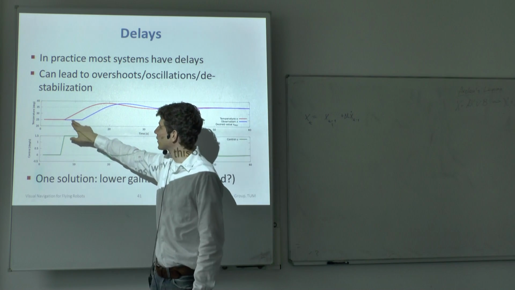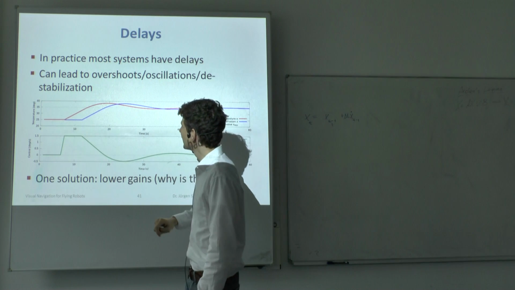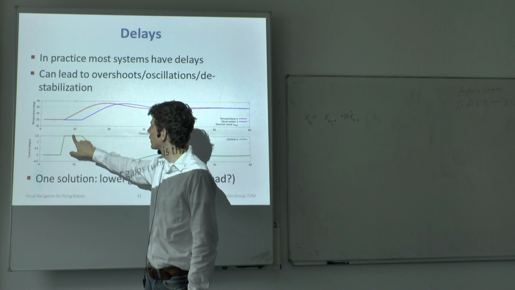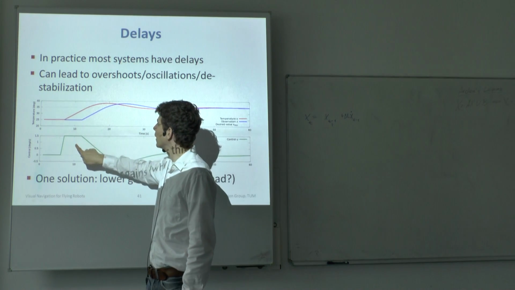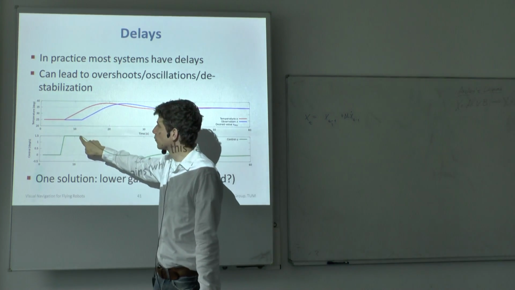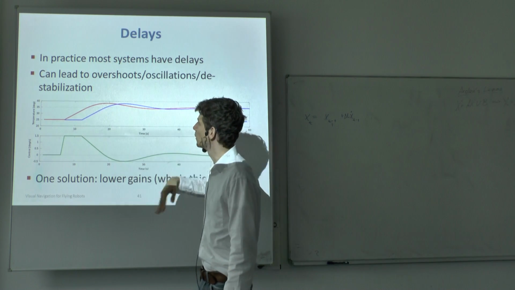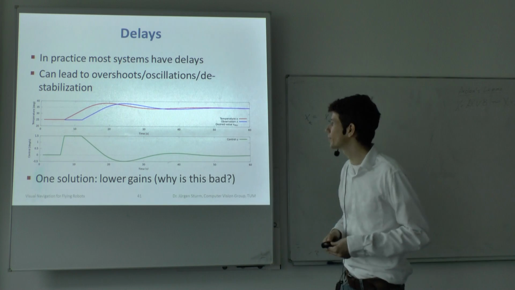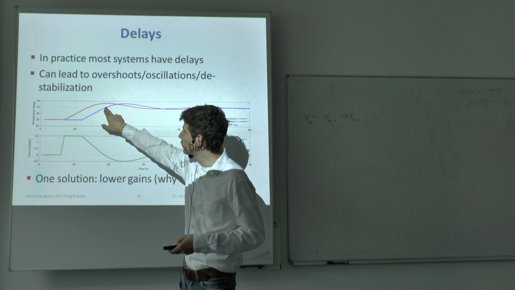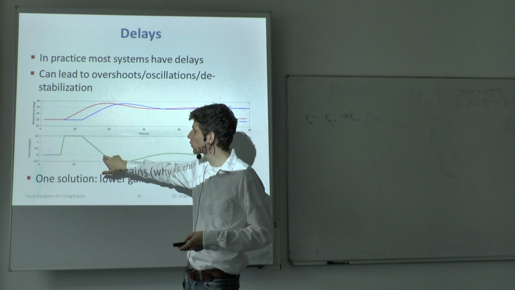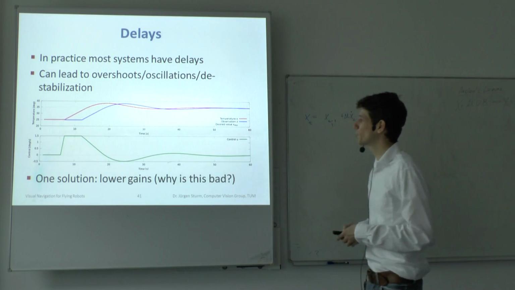But until we can actually observe the temperature of the water, a certain time passes, and this means that we give too much, so that the temperature already here reaches its desired position, but we don't know about that. So we still give maximum control, and the true temperature will go above the desired temperature. After a while, we observe that it's now at the right position, so we remove the control, and so on. And this is, of course, not desired.